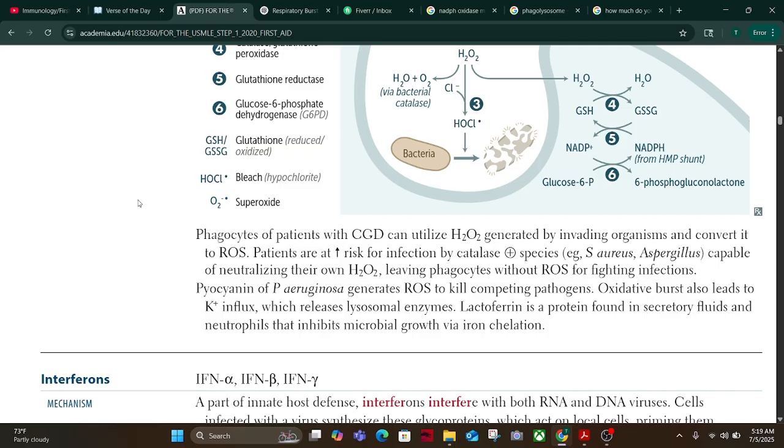Okay. All this is written kind of complicated. What they're saying, let me try to make it very simple, is how the body kills off the bacteria, how phagocytosis happens.